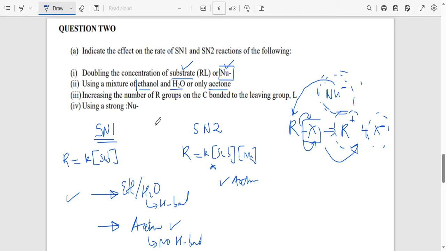So basically, this is what we are going to be able to see. Using acetone for SN2 is going to be good because it is going to minimize ion pairing, and the nucleophile is going to be allowed to attack very well. You can see we have this nucleophile. Let's say we have maybe anything else that is positive in the reaction.